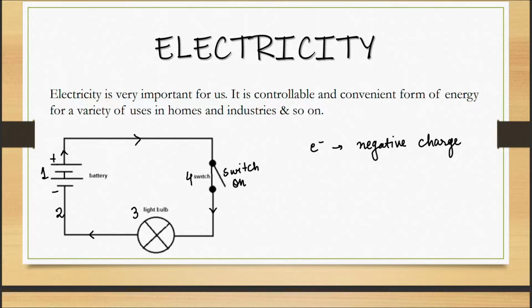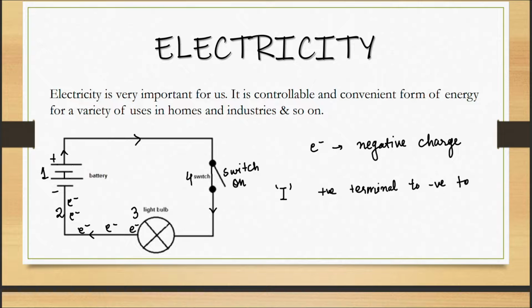From the negative terminal, the electrons will be released, and they will move opposite to the direction of the current. Let us denote the current with the symbol capital I. This current has the direction from the positive terminal of the battery to the negative terminal.